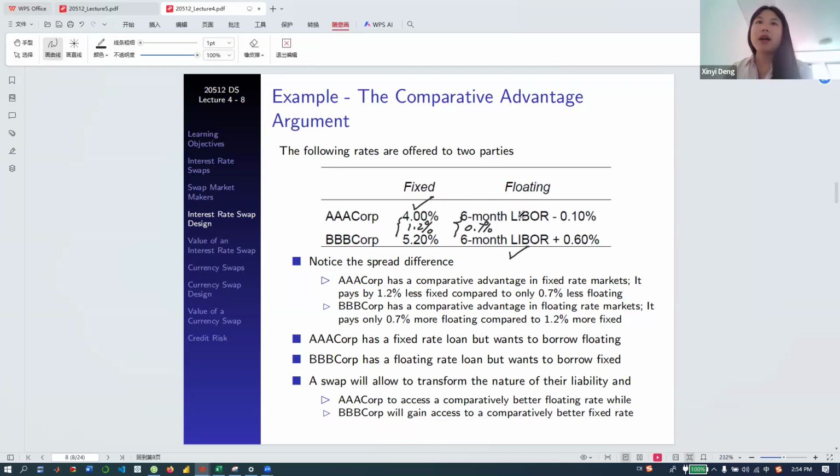But perhaps for some company specific reasons, or perhaps AAA thinks that the floating rate is going to drop in the future, AAA wants to borrow floating. And for some company specific reasons, BBB Corp wants to borrow in the fixed rate market.